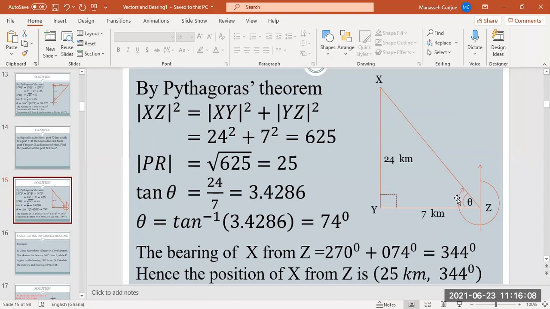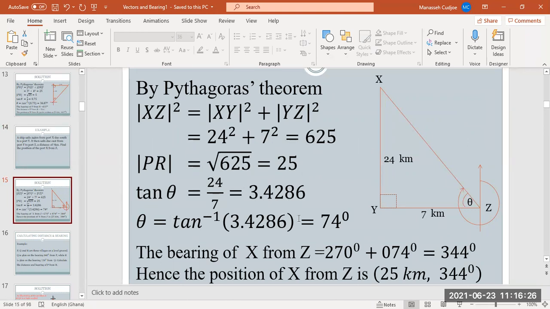And the question is, how do you get this angle? Remember, this is a right triangle. That's my hypotenuse, this is my opposite, and obviously this will be my adjacent. I'm looking at which of the three equations will relate my opposite and my adjacent. That should be tan.